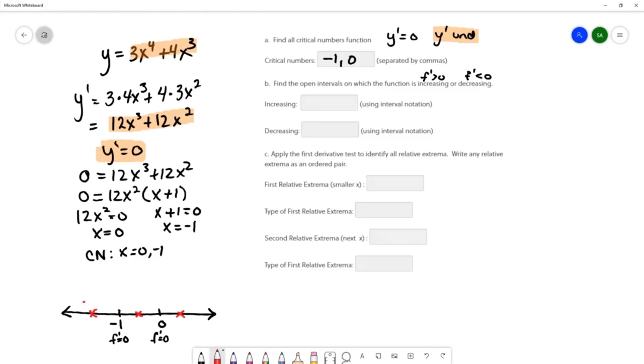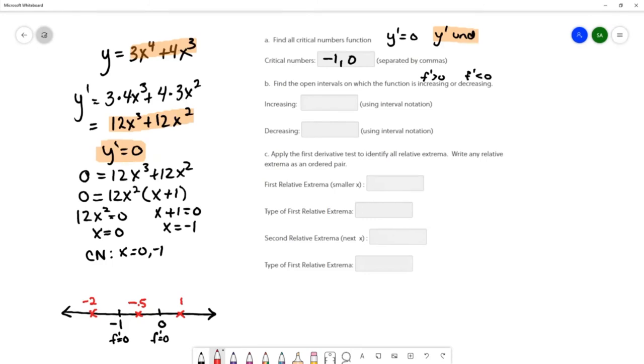I'll choose -2. In this interval, I just needed to choose any number that was less than -1. In this interval, I'll choose -0.5. I needed to pick a number in between -1 and 0. In this interval, I'll choose 1. I needed to pick a number that is greater than 0.